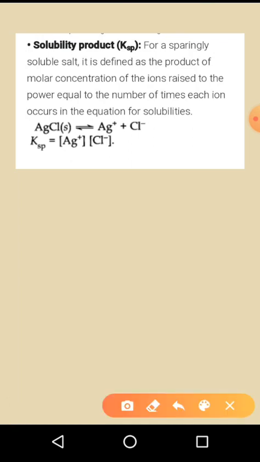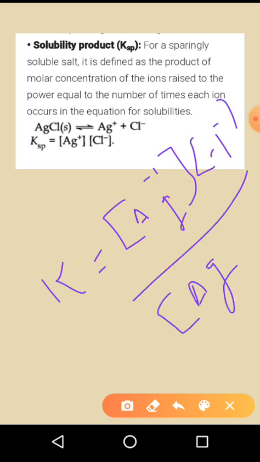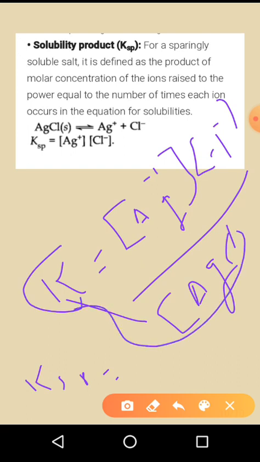Actually if we write AgCl as Ag plus and Cl minus and apply the law of mass action, K is equals to concentration of Ag plus into Cl minus divided by concentration of AgCl. Next, solubility product KSP is equals to the product of this constant into concentration of AgCl, that is equals to Ag plus into Cl minus. So this is a solubility product equation.